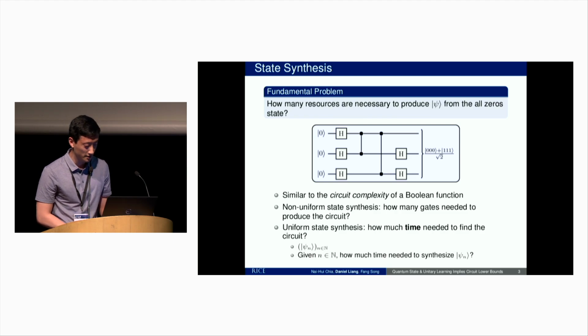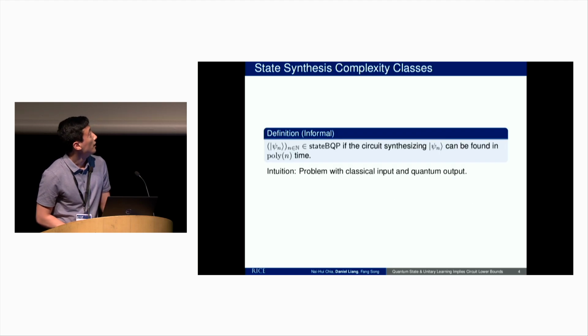So basically, to give a general idea of this, let's say you have a quantum state or maybe a classical distribution. They're parameterized by a natural number n, and given the number n, how much time do you need to synthesize said quantum state or distribution. So that's the fundamental problem that we're dealing with here. And recently in quantum, we came up with these new kinds of complexity classes.